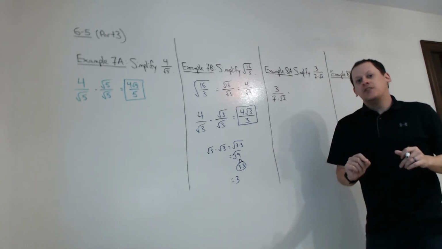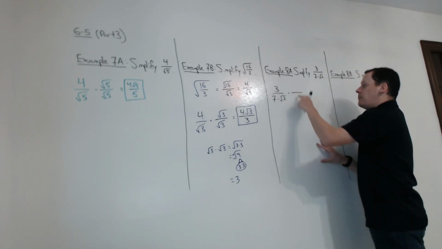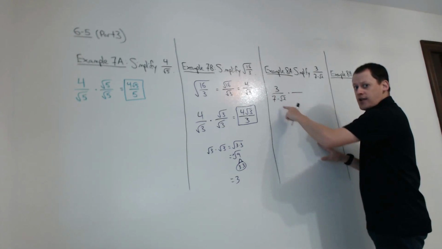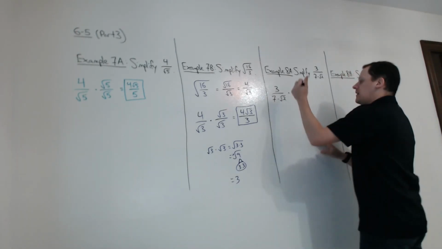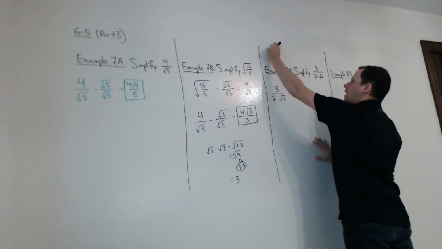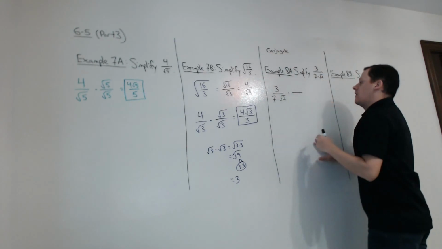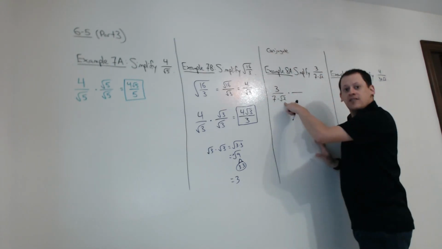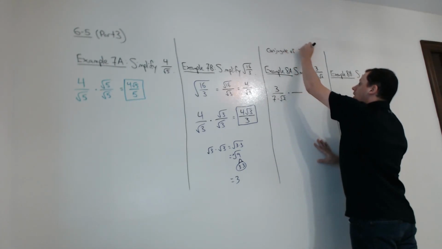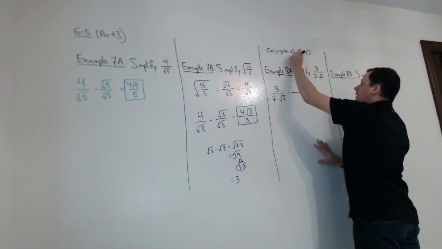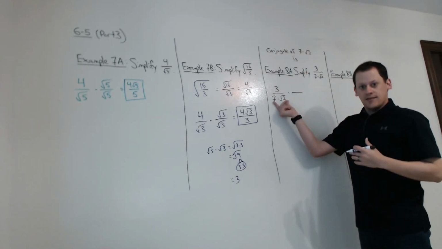And the best way to do that is to multiply the top and the bottom of this fraction by what's called the conjugate. Let me write that up here. Conjugate of the denominator. Okay, what is the conjugate of this?